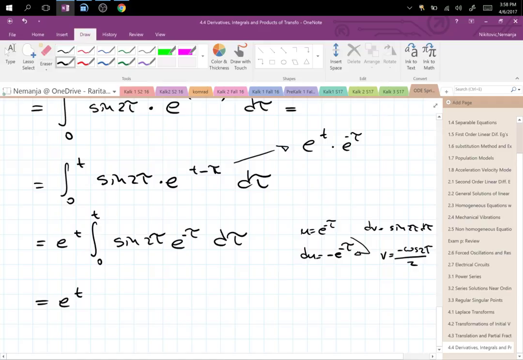And now we put the formula together. So this is going to be negative e to the negative tau cosine 2 tau over 2. There we go. Minus, and a minus and a minus, the minus still remains, integral e to the negative tau cosine 2 tau, and still over 2 d tau.